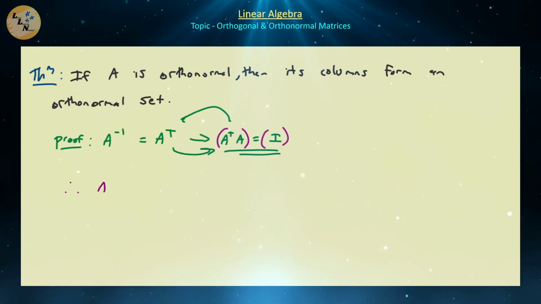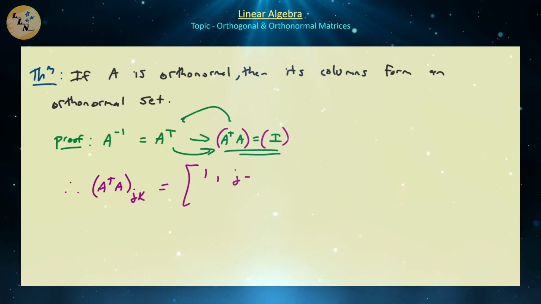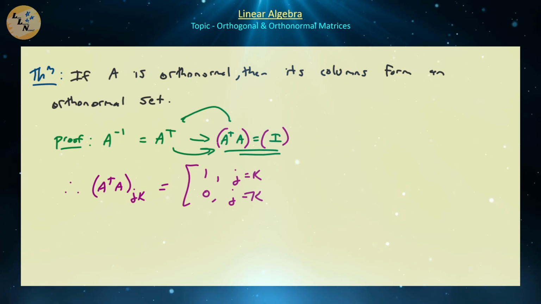So if you look at the jkth element of A transpose A, that's just going to be equal to 1 if j is equal to k, or 0 if j is not equal to k. Some people also just abbreviate this via the delta function jk. Right? So let's look at this from the vector-wise perspective.